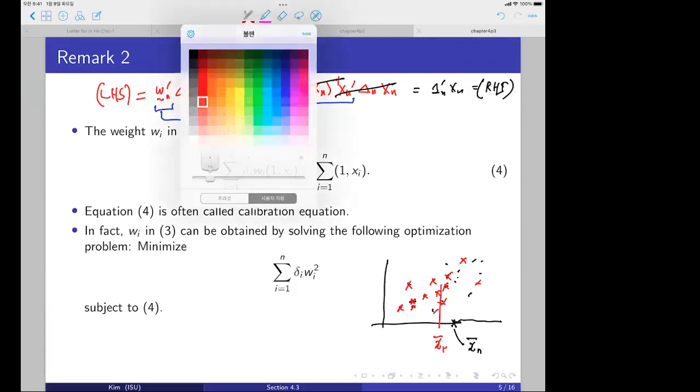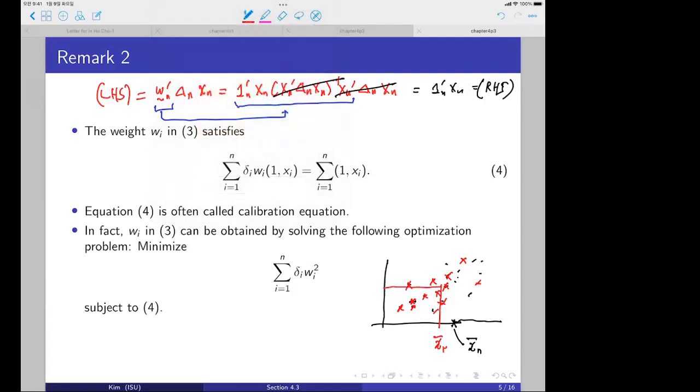At x bar r, you have y bar r. Because of the property of the residual, you use the sample only to fit a linear regression, and you have an observable sample mean of x and sample mean of y.